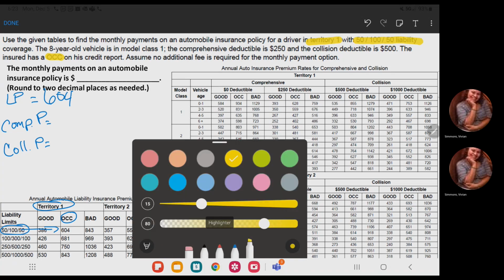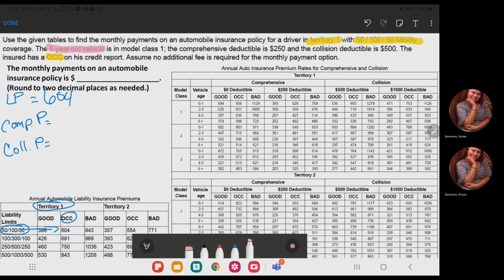I'm going to change the color to like, I'll do light pink. Okay, so now I need to know how old the car is. So 8-year-old vehicle, model class 1, comprehensive is 250, collision is 500, and the credit is still OCC. So that didn't change anything.